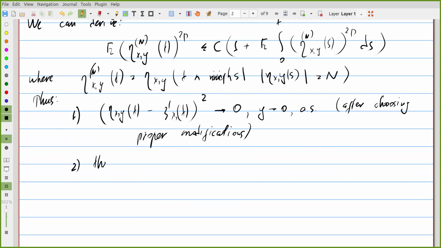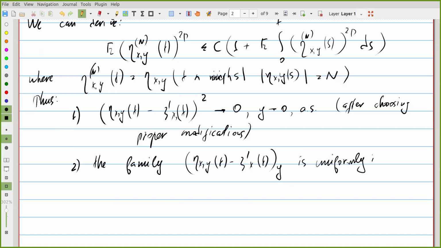And the family parameterized by y is uniformly integrable, because it has higher moments. This has higher moments, this has higher moments.